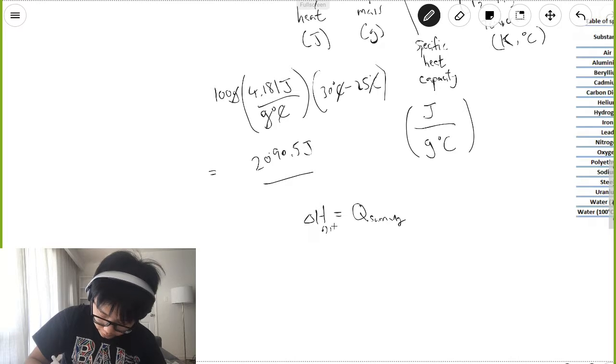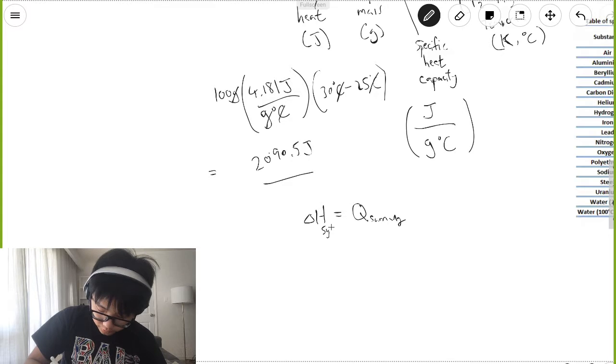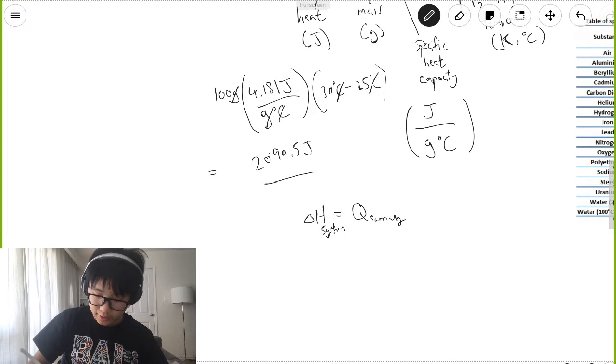So this is the system, delta H. So I don't know if you've seen delta H, but you learned delta S before. Entropy. So this is enthalpy. So this is the system. Delta H of the system is going to be negative the surrounding heat. We know that actually, but dividing it by the number of moles.